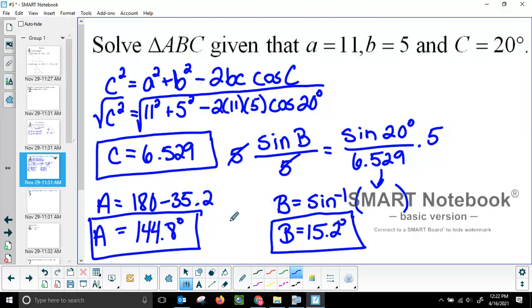So I definitely recommend that you always check: is your smallest angle across from your smallest side? Is your largest angle across from your largest side? If it's not, that's probably because you tried to find the larger angle first. Now, sometimes you just get lucky and all the angles are acute, and in that case it wouldn't mess you up. But if the angle happens to be obtuse, then it will mess things up. So do be mindful of that.